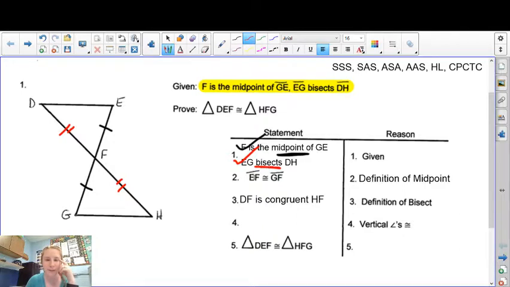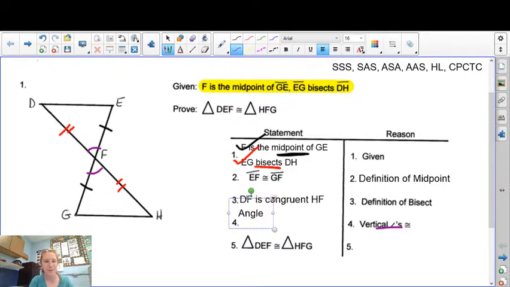Next, I see that there's nothing else in the given, but maybe there's some free stuff. Ooh, vertical angles. That's free stuff. Vertical angles are across from each other in our bow tie. I can't just say angle F here, unfortunately, because F is split into four technically different pieces.